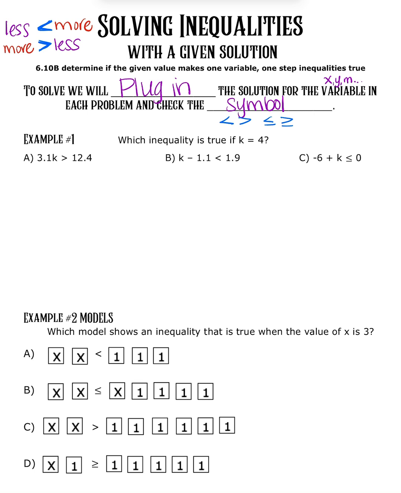So it says, which inequality is true if k equals 4? They've told us the answer is 4, but we need to decide which of these inequalities comes out true. So remember, all we're going to do is take the letter k out and replace it with the number 4. In our first problem, we have 3.1k. Well, I know that when a number and a letter sit side by side, that means to multiply.